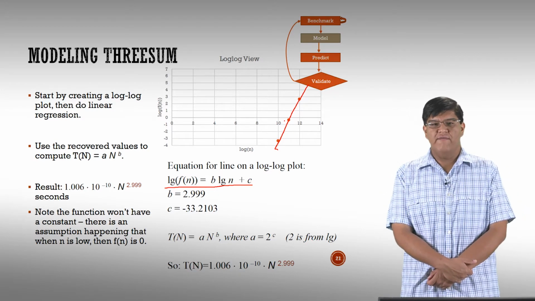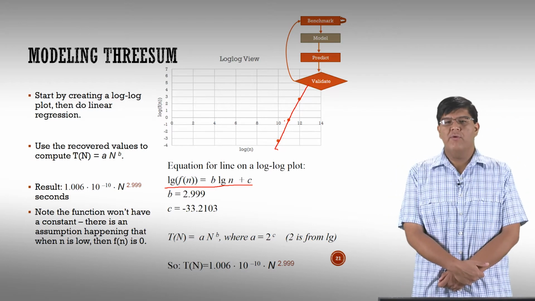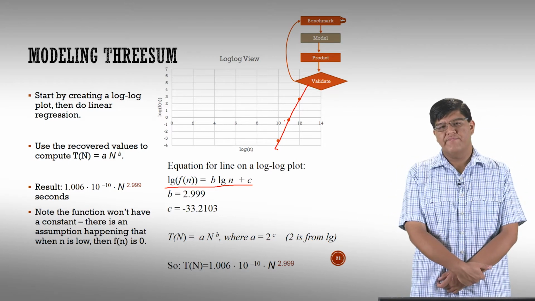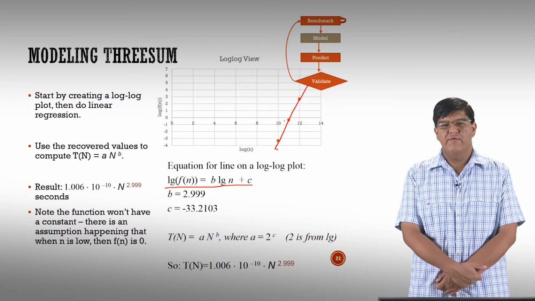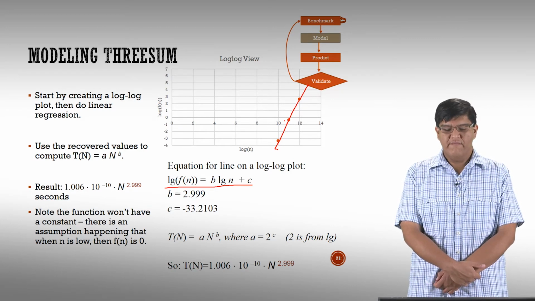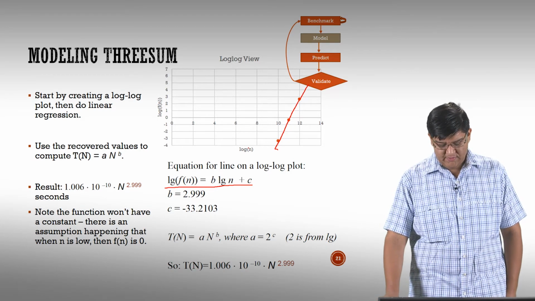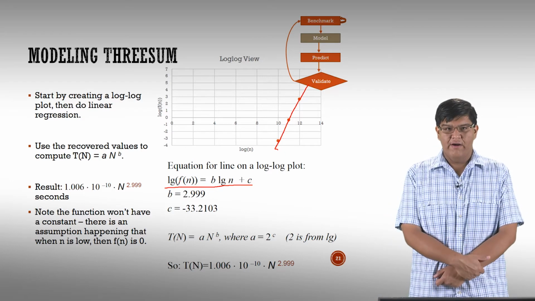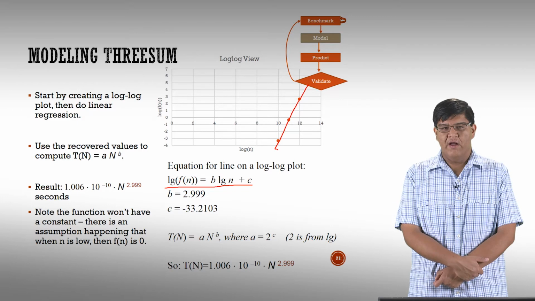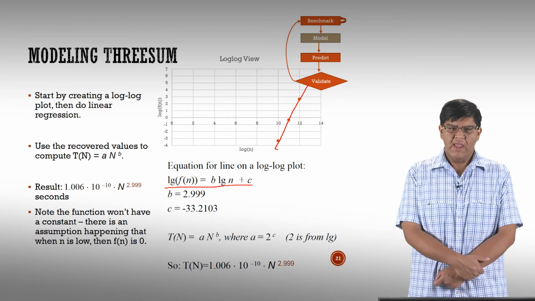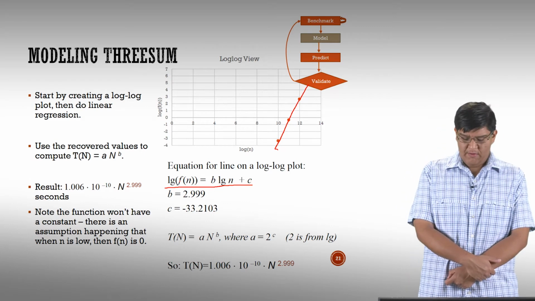Or maybe you can even do it yourself. Even if you have just a few points, you can maybe figure out what exactly is the function that fits that. So in this log-log view, it'll look something like this: log of f of n, basically our time, equals b times log of n, that's the log of our problem size, plus c. That's how a linear function looks. And so our data will fit that.